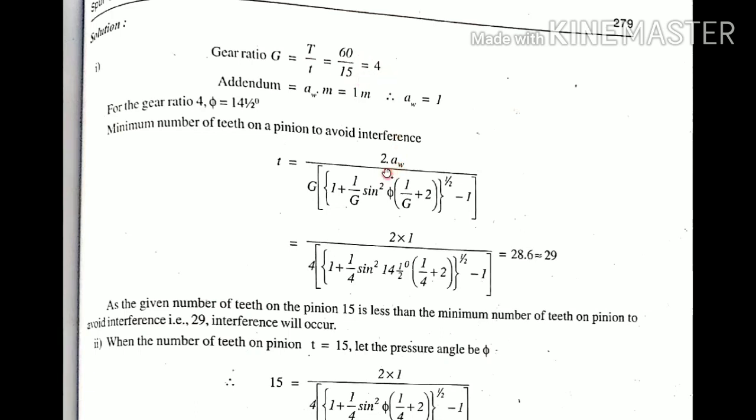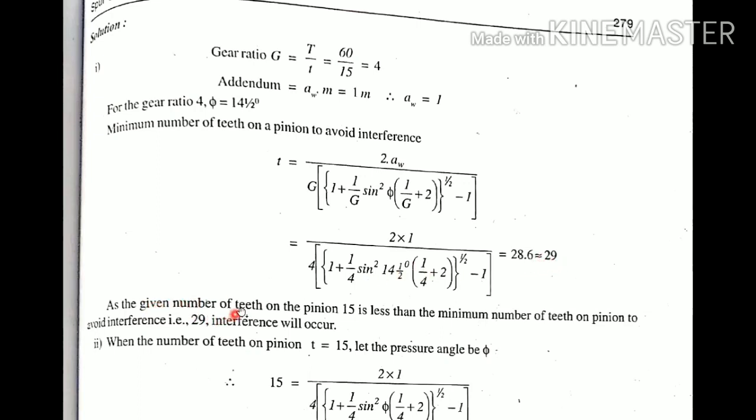Therefore, substitute all the values. Then the t value you get by simplifying this is approximately 28.6. Teeth should always be a round figure, not a fraction, so the next whole number is 29.